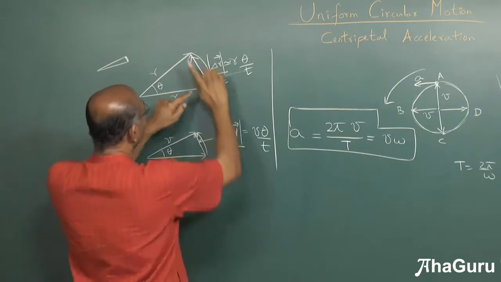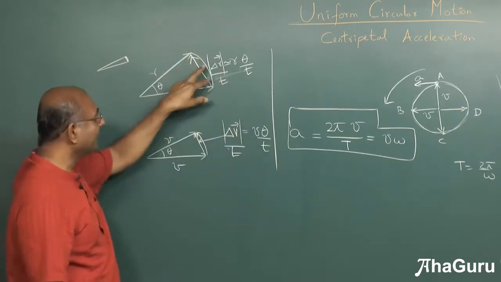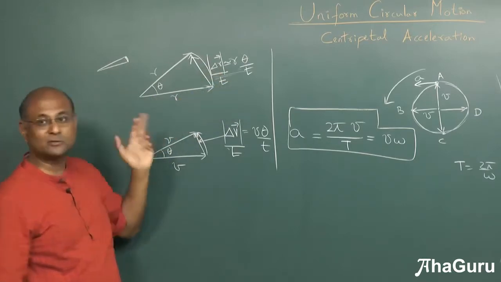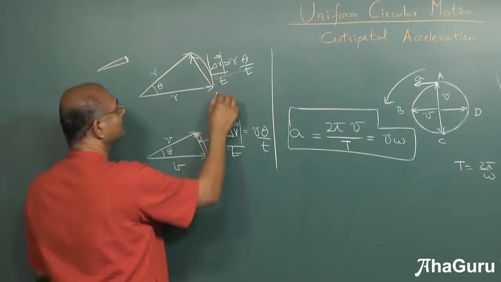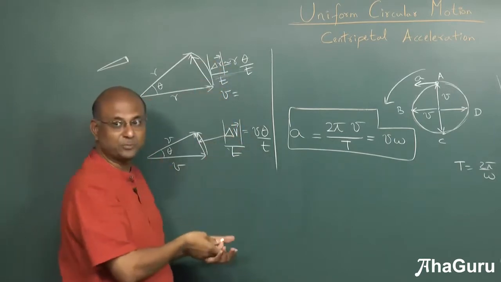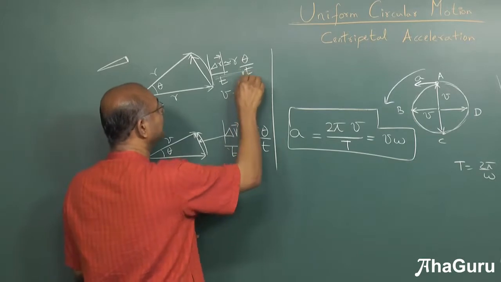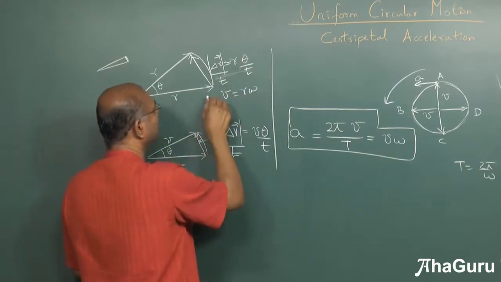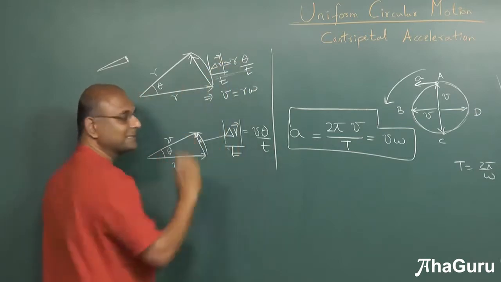It is the rate at which you are changing position, or delta r by t is displacement by time. What should we call it? Velocity. So this is velocity, but we have taken the magnitude, so speed is r times theta by t. What is theta by t? Rate at which theta is changing. So r omega. This is the same as r omega.